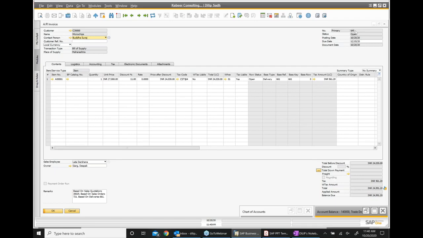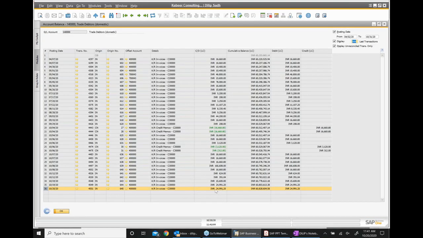This is my customer invoice document, $24,030. And if you see here in the control account, 24,991. Which document is it? 645.